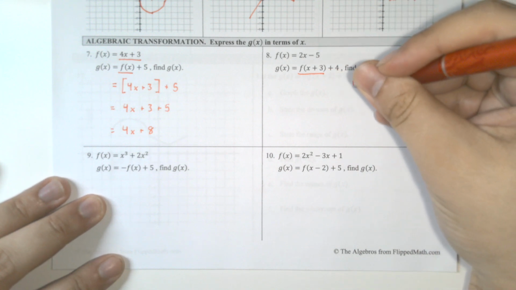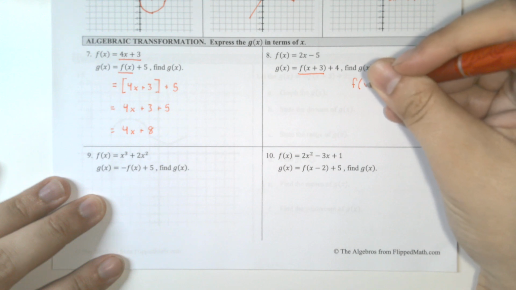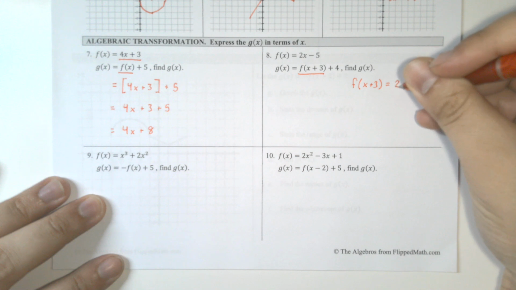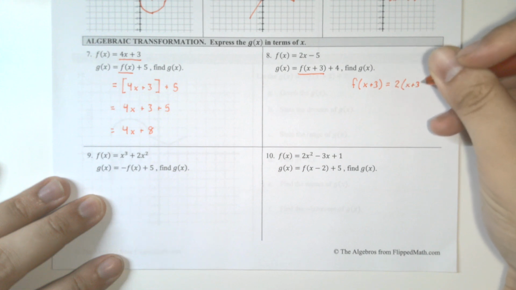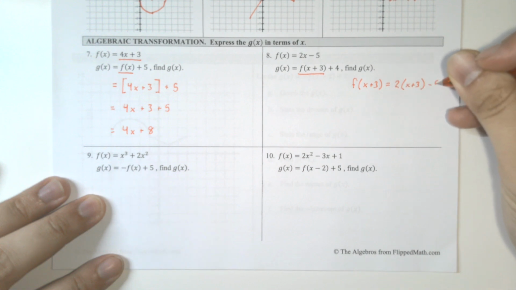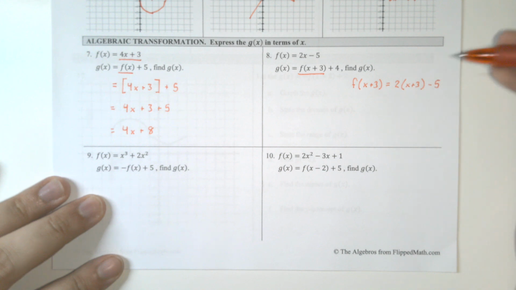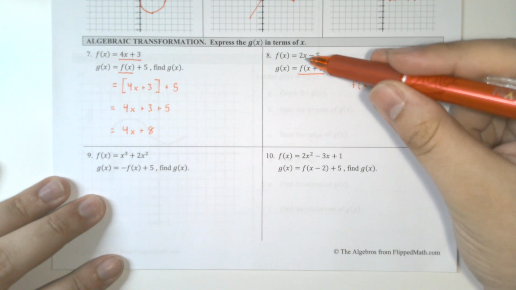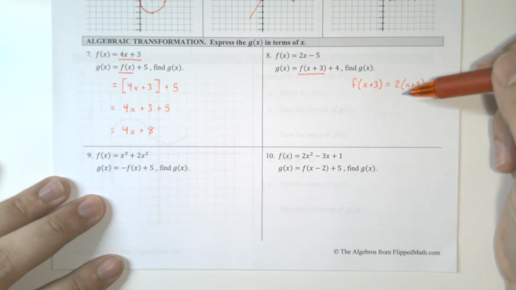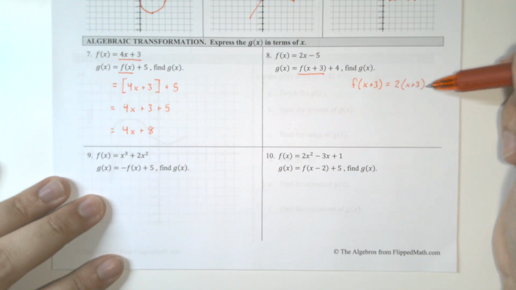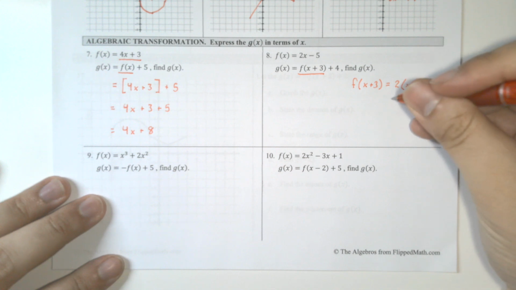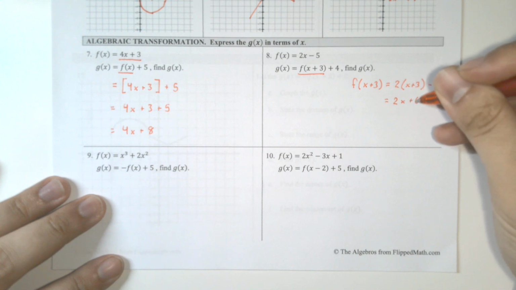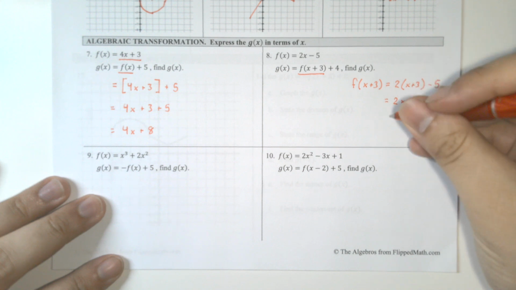So off to the side here, I'm going to evaluate f of x plus 3 as equal to 2 times x plus 3 minus 5. So again, we just replaced this x with x plus 3, which is why we have 2 times x plus 3 minus 5. If we simplify this, this will be 2x plus 6 minus 5.